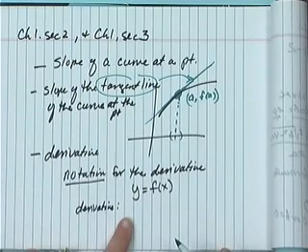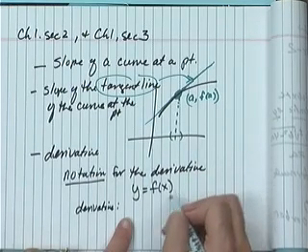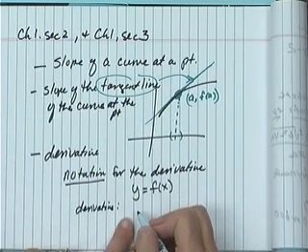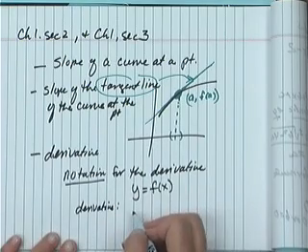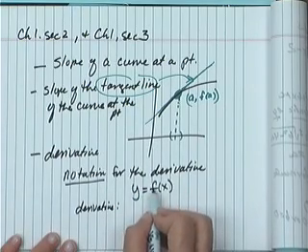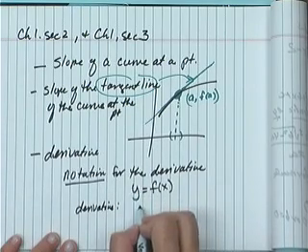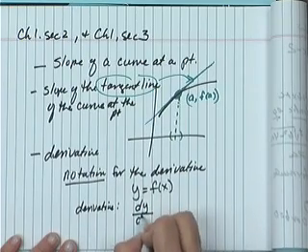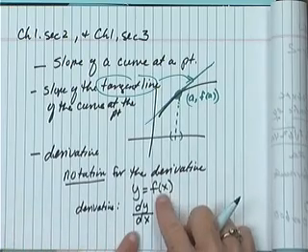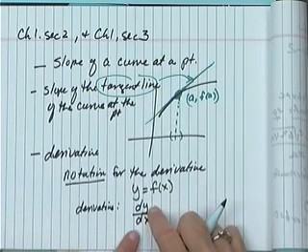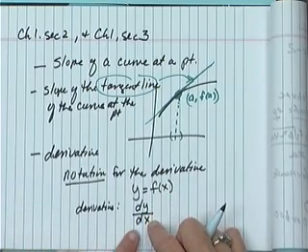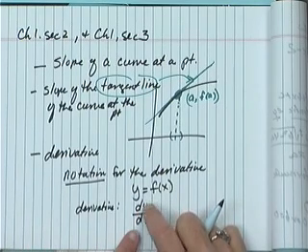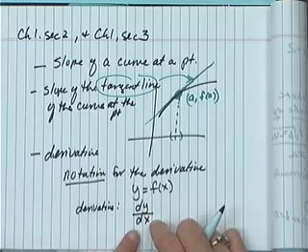What's some notation I can use for the derivative? Okay, I'll tell you. For one thing, we are going to take the derivative of y with respect to x. This says that my function is y, my independent variable is x. I'm taking the derivative of y with respect to x.